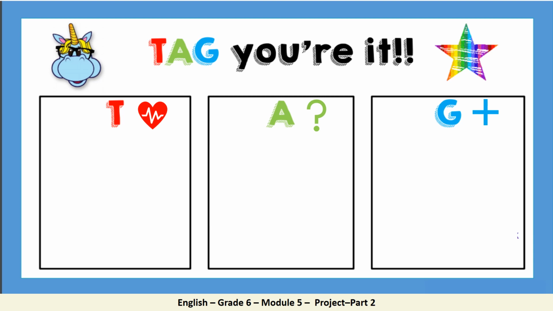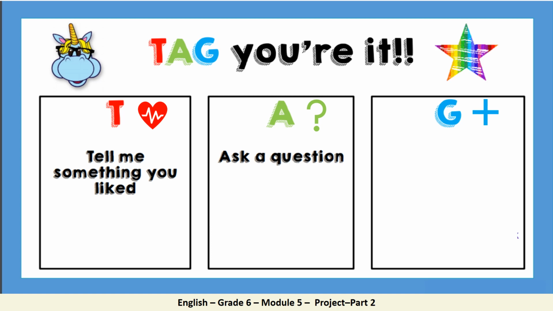The T stands for tell. In this part, I'm going to tell you something I liked. The A stands for ask. In this section, I'm going to ask a question. The G stands for give. In this section, I'm going to give you a suggestion.